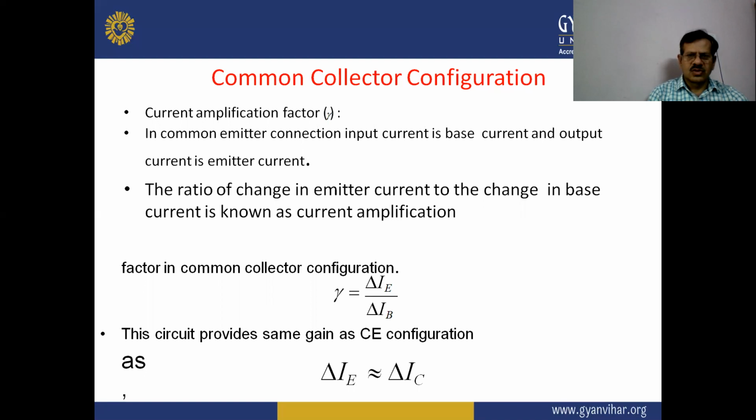So gamma equals change in IE divided by change in base current. This circuit provides the same gain as the common emitter configuration because the change in emitter current is approximately the change in collector current. So del IE is approximately equal to del IC.